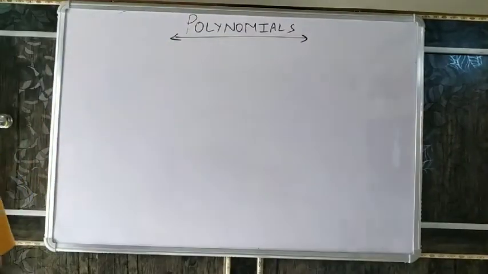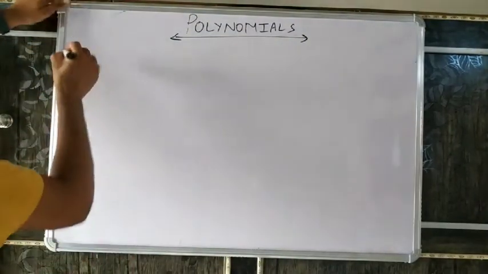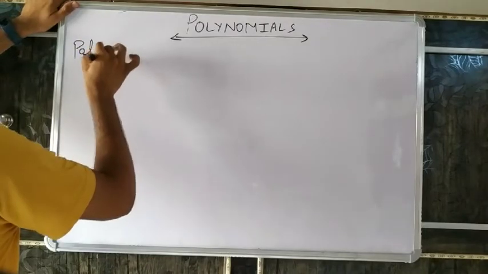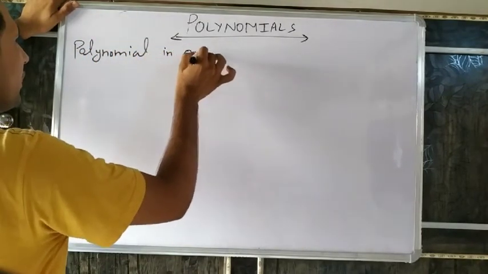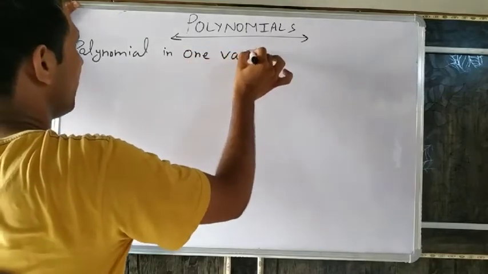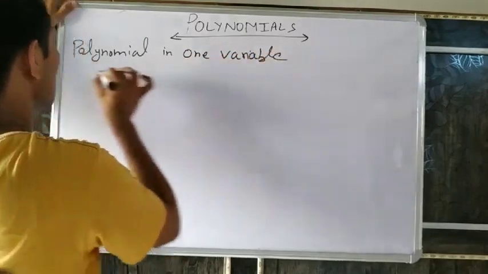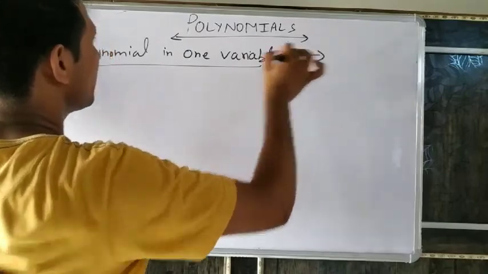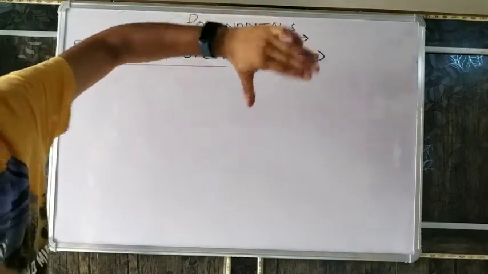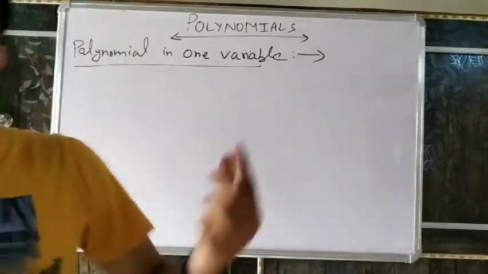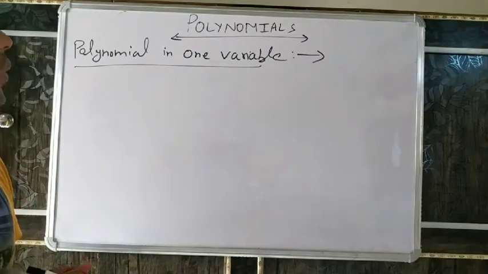Polynomial in one variable is very important. Only we are changing here to one variable. A polynomial is an algebraic expression having one or more terms, but we are discussing polynomial in one variable.